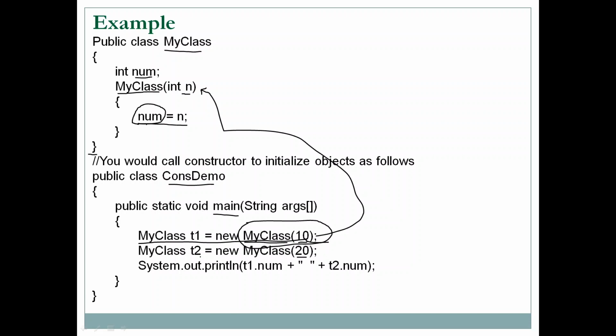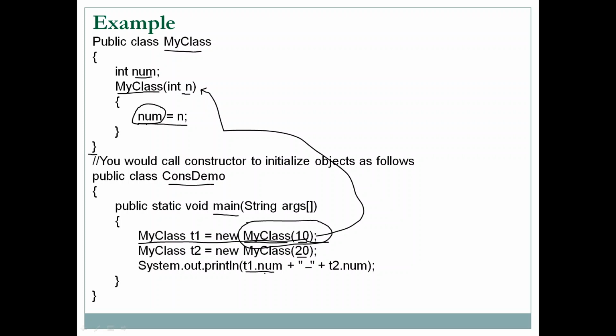Means t1 and t2 both of them have separate variable num, and when you print here, when you say System.out.println t1.num, then plus we are concatenating some space in between, then again we have concatenated with t2.num.